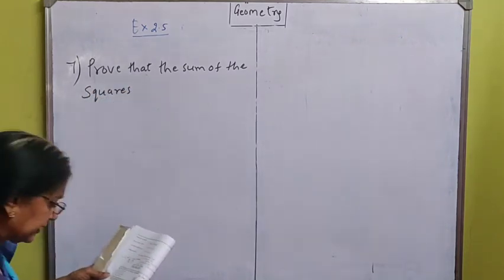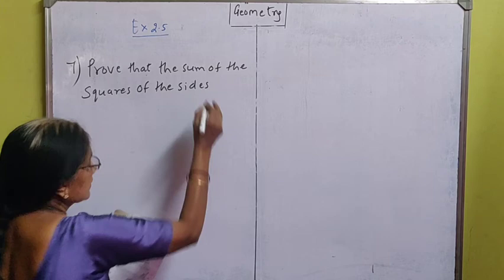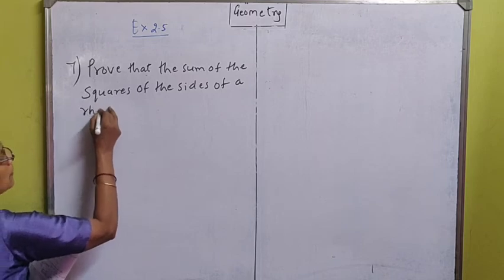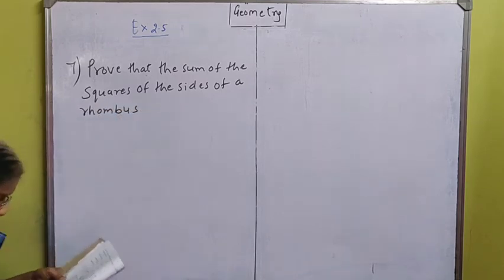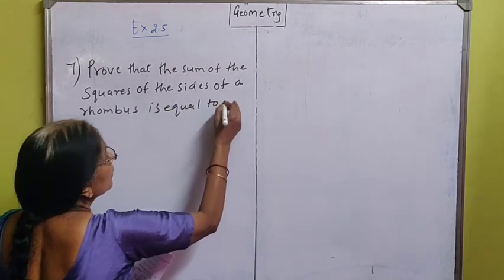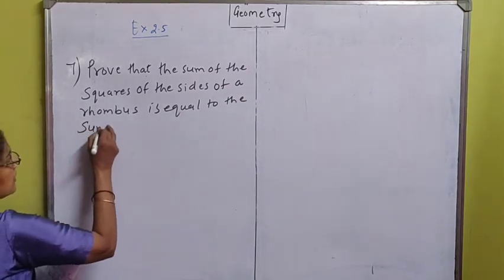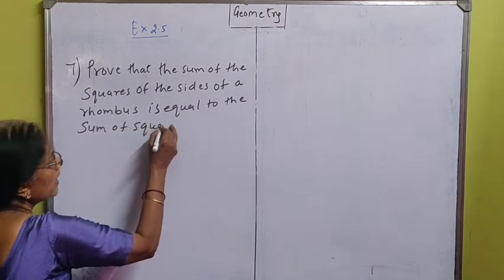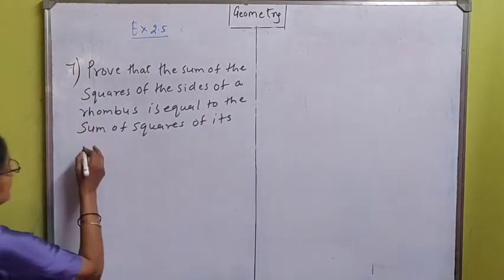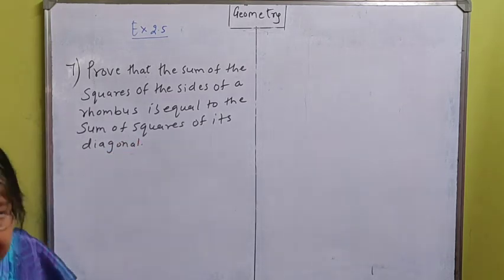Prove that the sum of the squares of the sides of a rhombus is equal to the sum of squares of its diagonals. So very important is this.